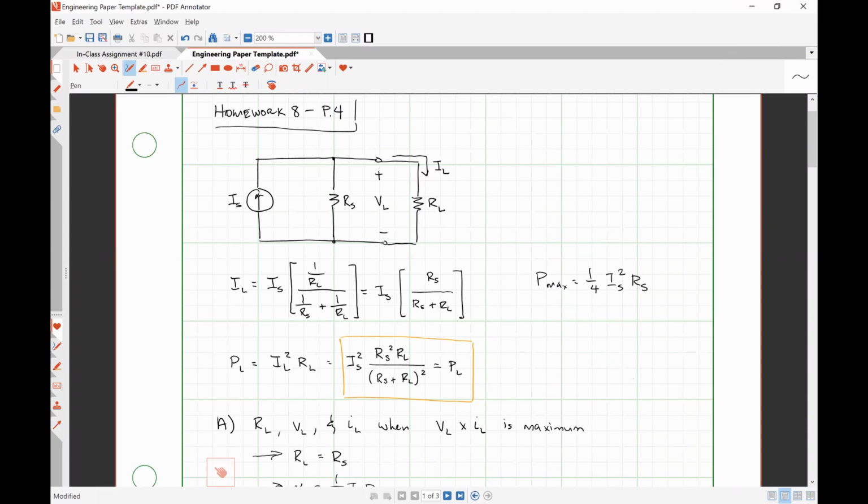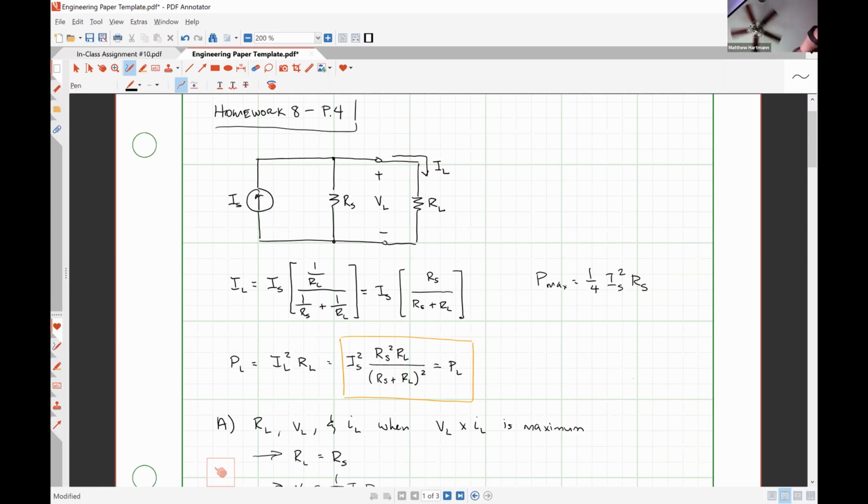Looking back at our schematic diagram, what value of RL will cause VL to be its largest possible value? If all the current flows through it, so if RL is a short circuit, then VL would be the voltage drop over a short circuit, which would be 0. So when RL is a short circuit, that is the condition required for IL to be at its maximum.